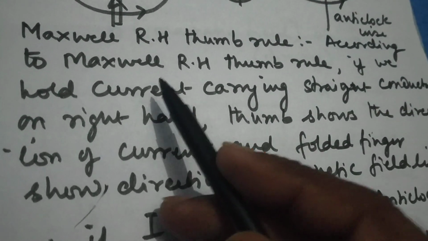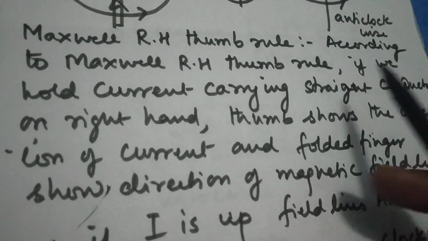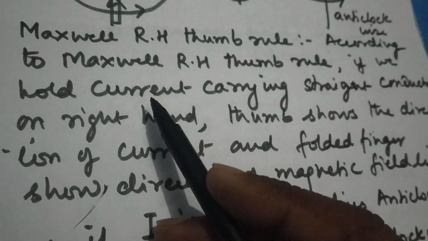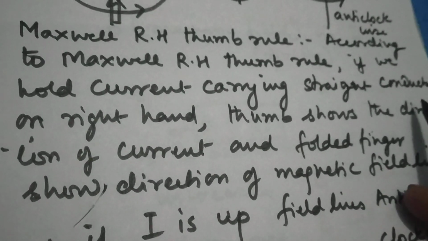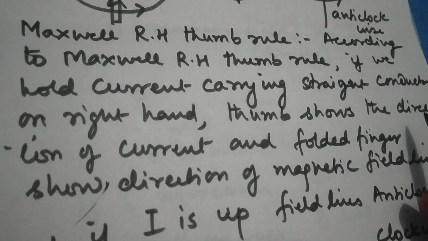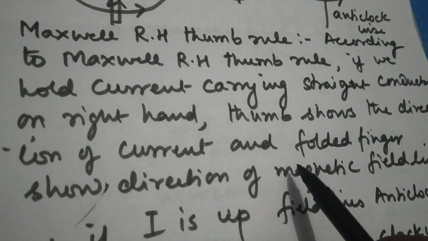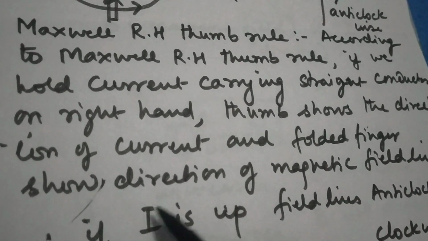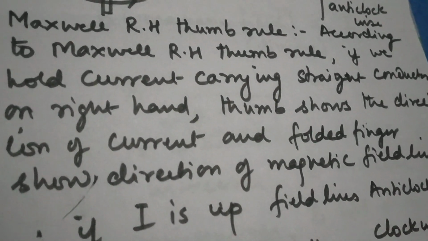According to the Maxwell right hand thumb rule, if you hold the current carrying straight conductor in your right hand, the thumb shows the direction of current and the folded fingers show the direction of magnetic field lines.